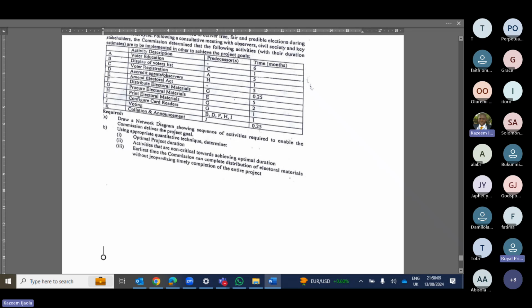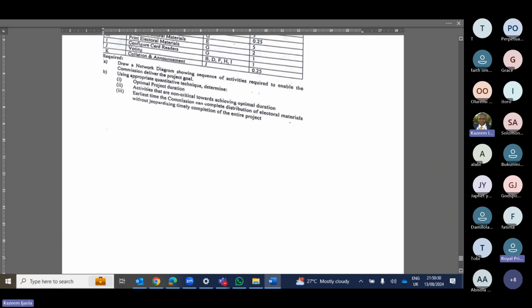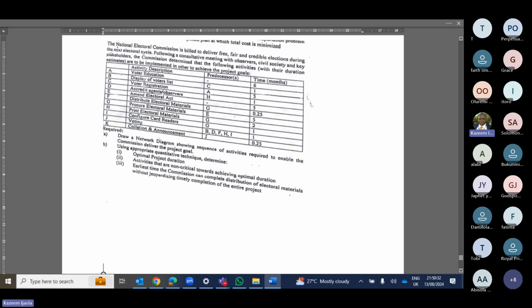I repeat, B, D, F, H, I must be joined together, because those are the activities that give birth to J, and J gives birth to K. Those are the only things you are joining; the rest are separate.